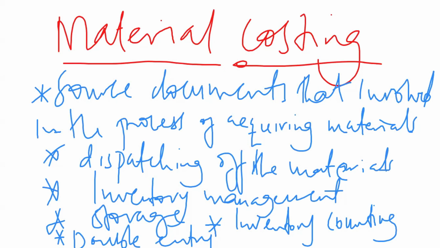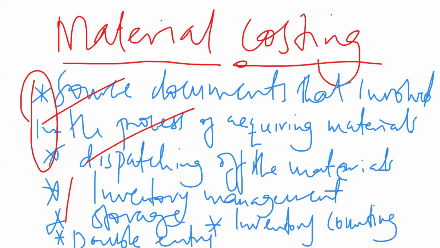I just want to teach it at once. But for today, we are only going to look at the source documents. Today we are going to focus on these two source documents that are involved in the process of acquiring materials, even dispatching of materials. These are the remaining bits, we may talk about them later.